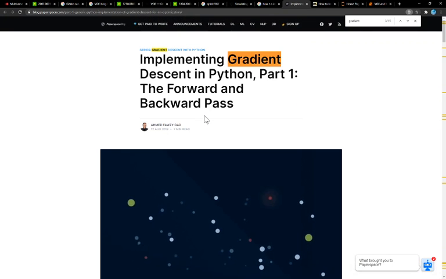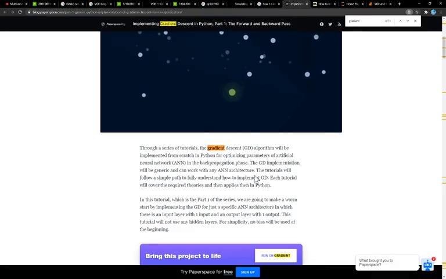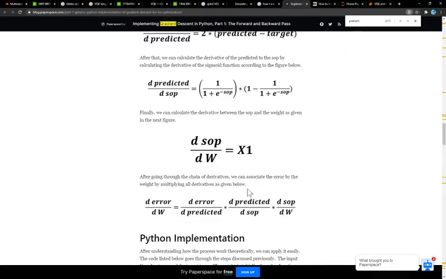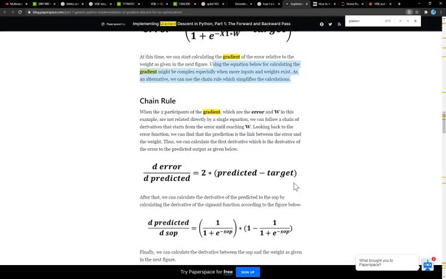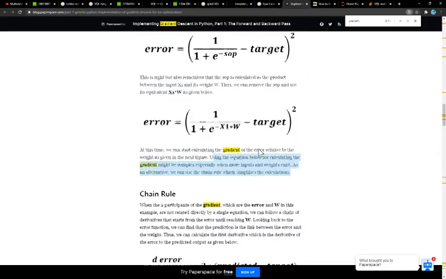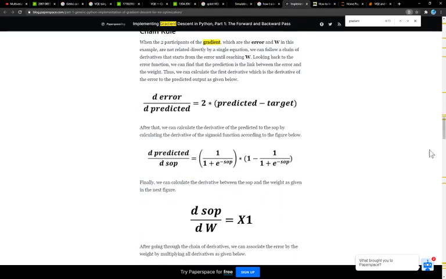So we can start calculating the gradient of the error relative to the weight as given in the next figure. Using the equation below for calculating the gradient might be complex, especially when more inputs and weights exist. As an alternative, we can use the chain rule which simplifies the calculations. But again, it's just by hand.